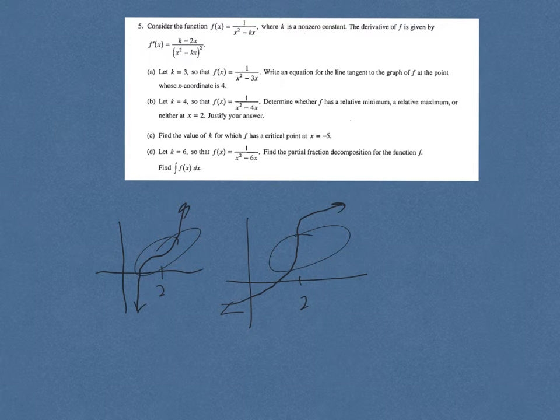And sure enough, x squared minus 6x factors as x times x minus 6. So you're going to use that fact to break this down using partial fraction decomposition, and then integrate to find an expression for the integral of f of x dx.